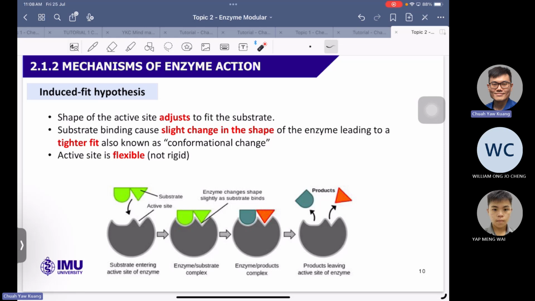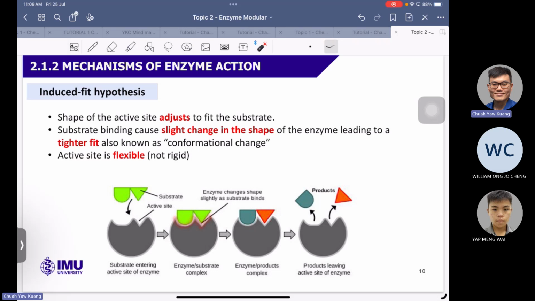Because when the shape is almost similar, it enables the substrate to bind. When the substrate binds to the active site, it stimulates a slight conformational change of the enzyme. These small changes change the shape of the active site to make it perfectly fit the substrate.